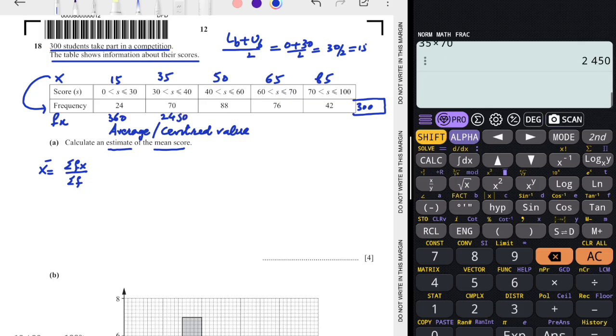Then 50 multiplied by 88 is equal to 4400, and then 65 multiplied by 76, answer is 4940, and the last is 85 times 42, it will be 3570.